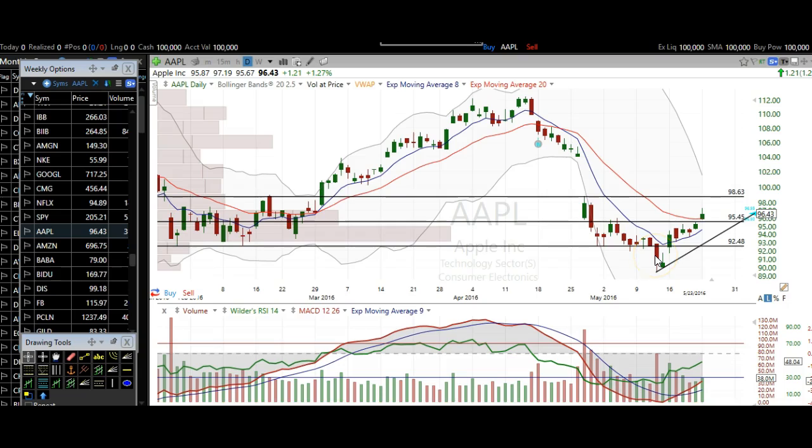We actually took that Apple short on that signal and then ended up getting stopped out on Monday right here. And once that happened, we turned bullish on Apple because this was a false breakdown right here. And if you don't know, false breakdowns, false moves in either direction lead to swift and strong moves in the opposite direction.